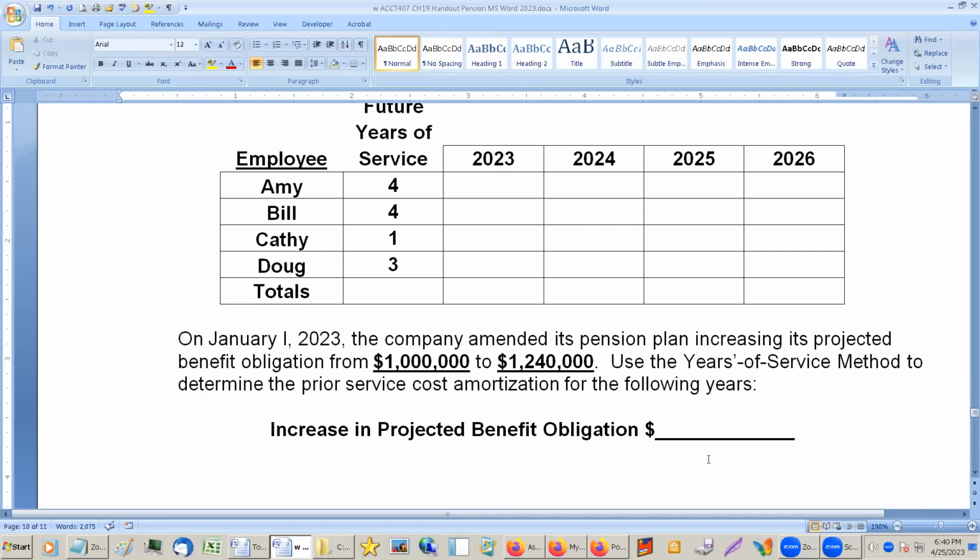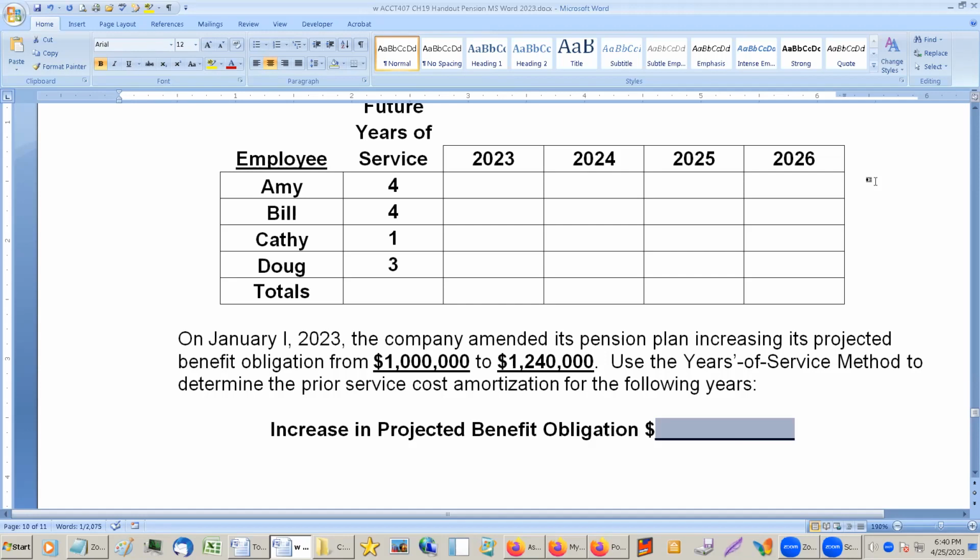Okay, so the increase in the pension benefit obligation was how much? How much did it increase by? Oh, you guys know this, you're toying with me. Put it in chat.